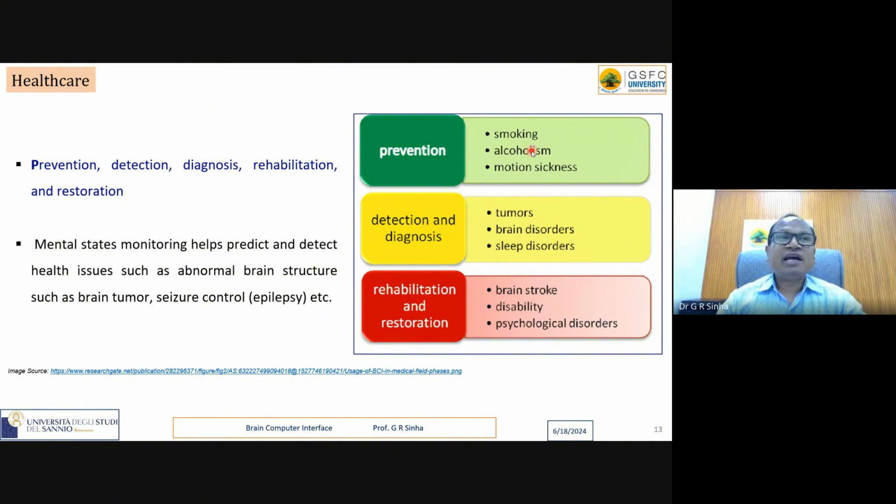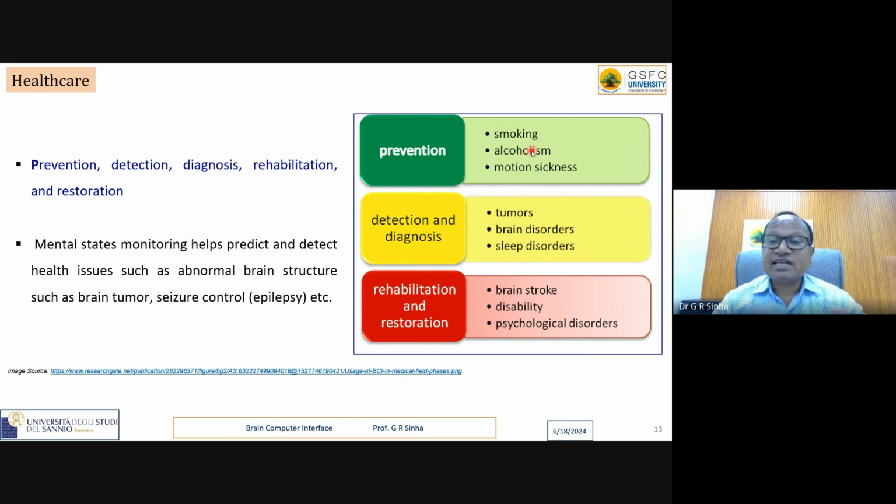People will read it, and it will create awareness: no, smoking is not good for health. So it will help you prevent the disease that is affecting the brain due to smoking or alcoholism. So these are the areas: prevention by using appropriate awareness with the help of scientific findings resulting from brain computer interface experimentation.